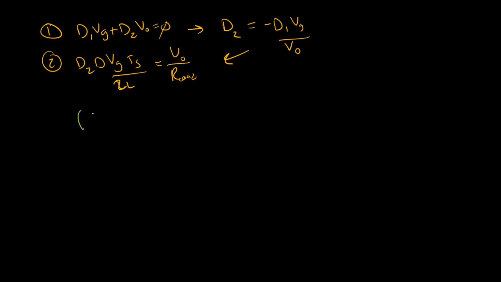So D2 is minus D1 VG over V out times VG Ts over 2L. I'll put R load over here. R load equals V out. Great. And there's another D, D1.